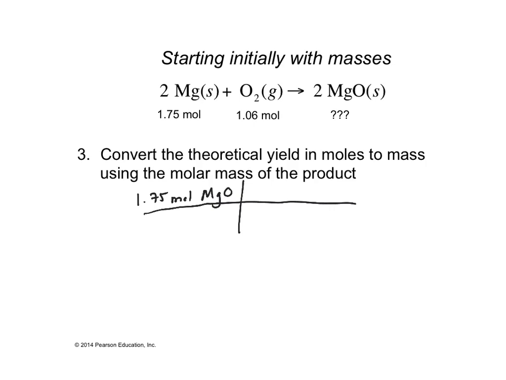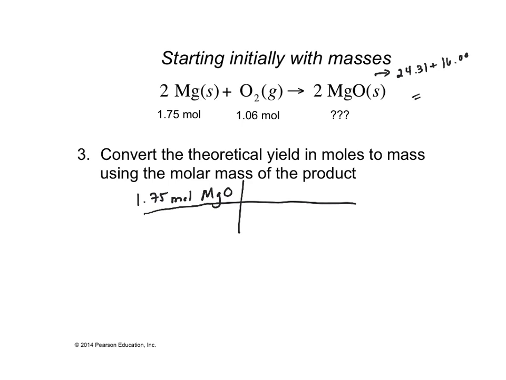How am I going to convert this to grams of MgO? What is the relationship between moles and grams of something? Molar mass, right? So the molar mass of MgO is just the atomic mass of magnesium plus the atomic mass of oxygen.